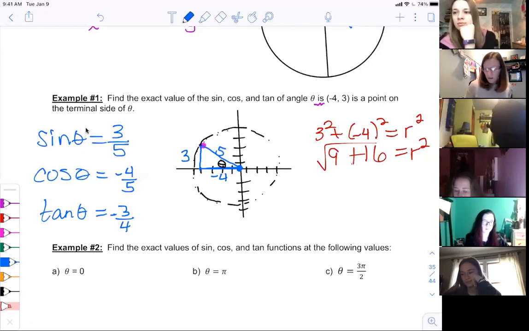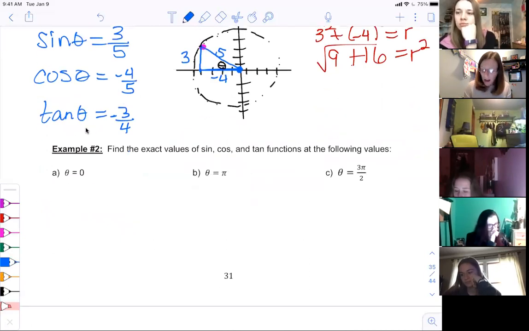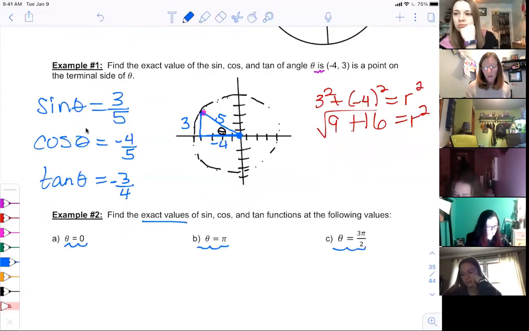So example 2 is pretty much a review. This one says find the exact values of sine, cosine, and tangent, but they give you an angle. So this one's slightly different from what's above. We were still finding exact values, but the problem above gave us a point. So we found the exact values for sine, cosine, and tangent using the point.